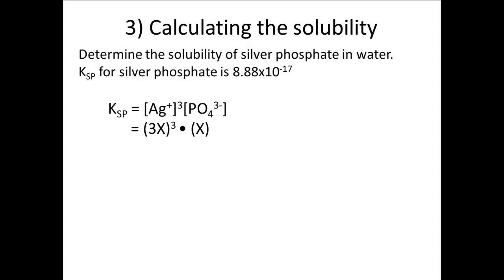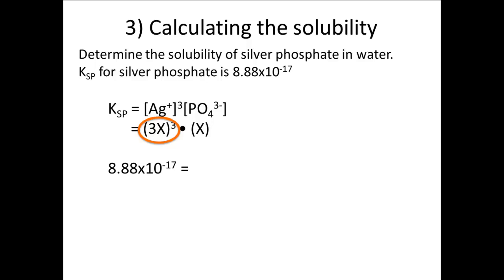Now all that remains is to solve for X, since X is the solubility of silver phosphate. We substitute the value of KSP given in the problem and expand and combine the X terms. Expanding the (3X) cubed term can be a little tricky.